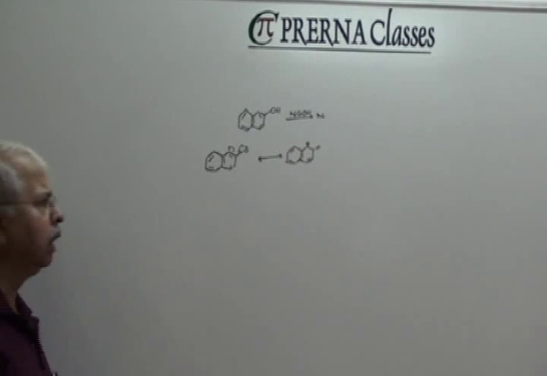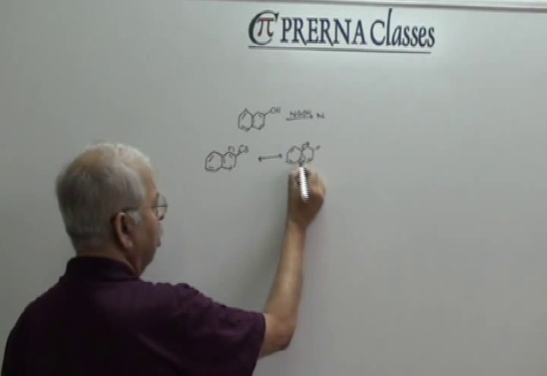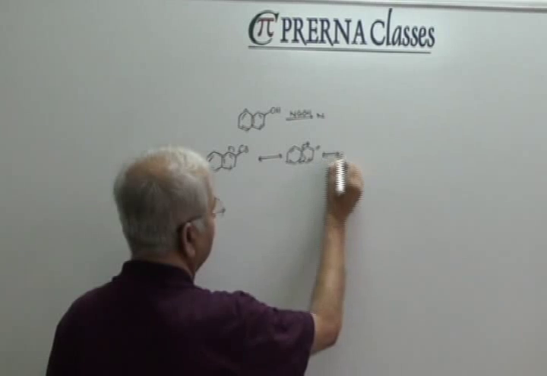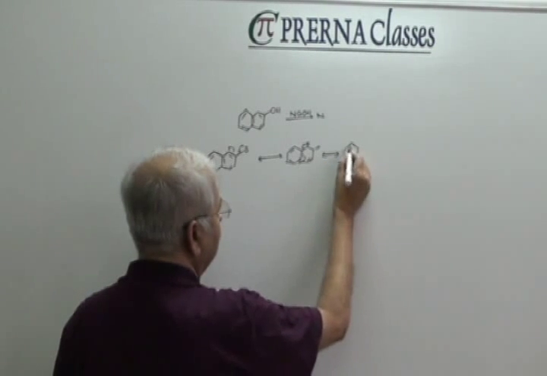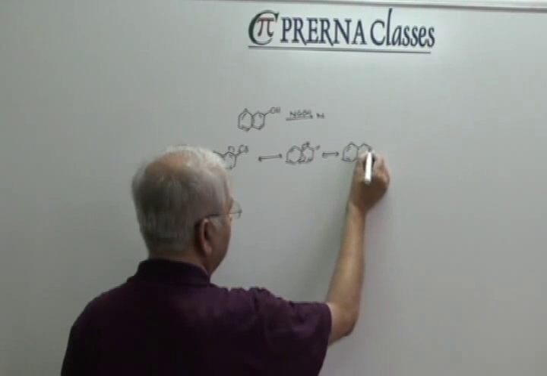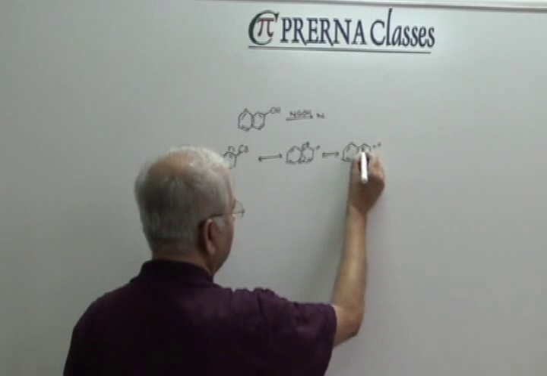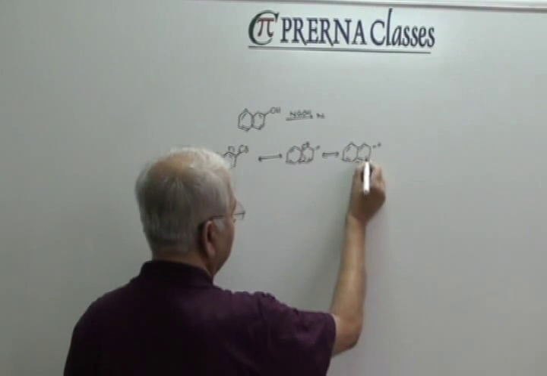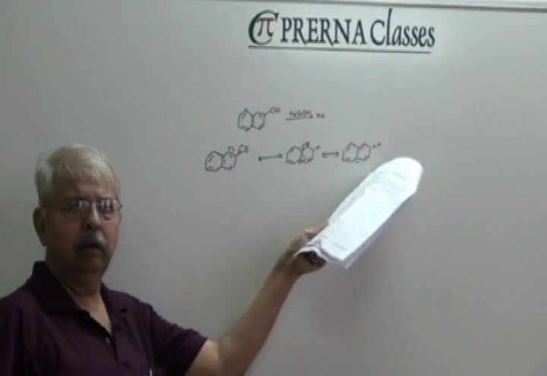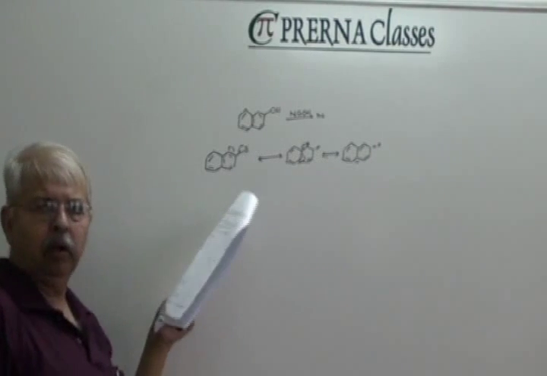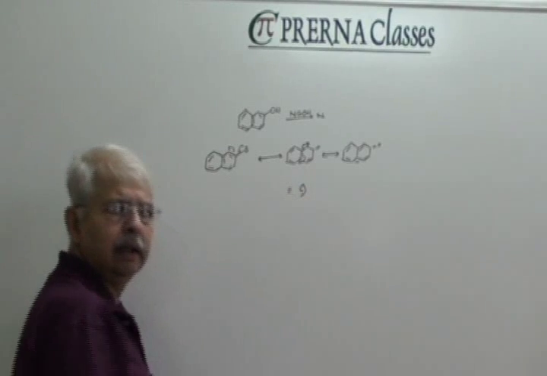Similarly, I can write another canonical structure. So I can carry out the process in this ring. I can carry out the same thing in the left ring also. So the total number of such structures is 9.